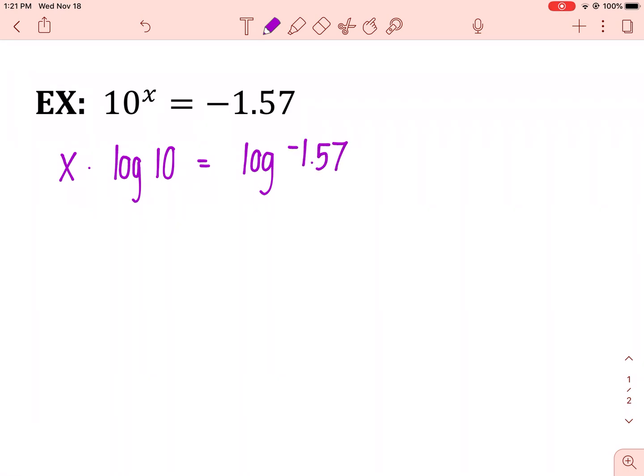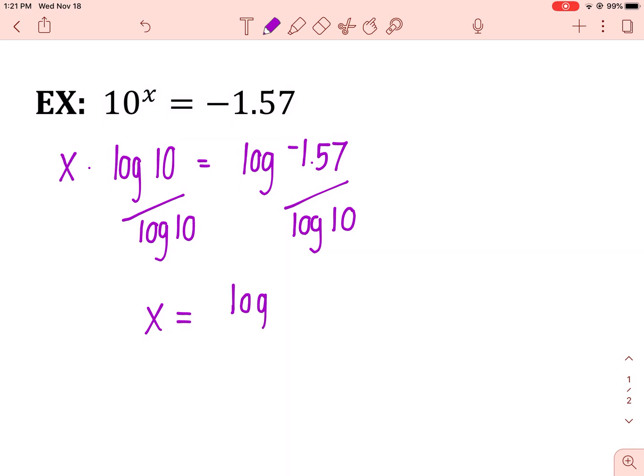There was a fact we talked about a couple notes ago about your argument. But if you don't see it, let me walk through so that it pops out to you. You're going to undo the log of 10 being multiplied, but you know log base 10 is just 1. This is what I will be typing into my calculator, and we're going to see what kind of solution our calculator is going to give us.